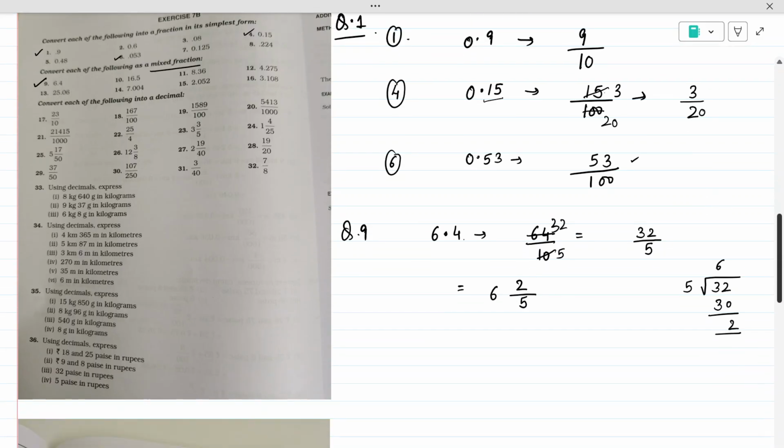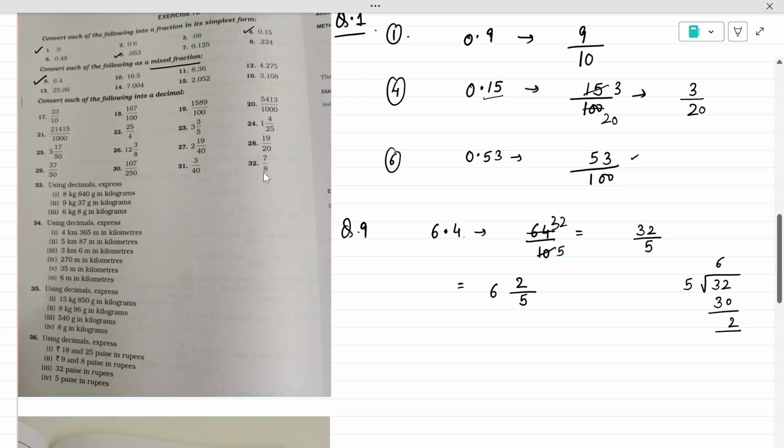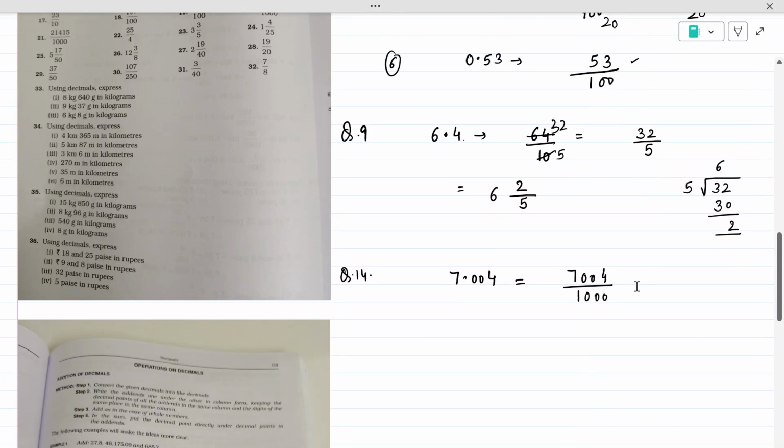Let me pick another question now. Let me do question number 14. Question number 14, we have 7.004. So this is 7004 divided by 1000. If you see both of these, what is the number which is a common factor of both of these two?